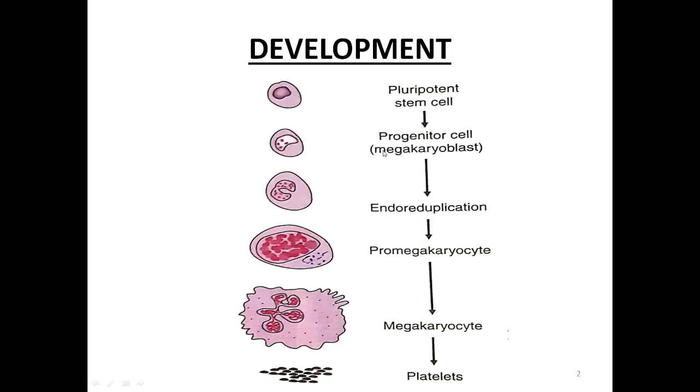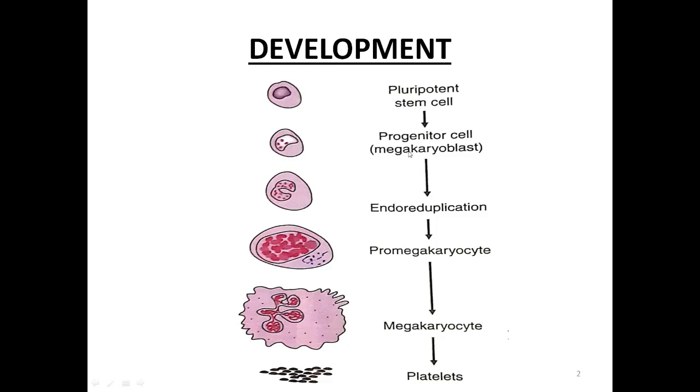These multipotent stem cells give rise to colony forming unit megakaryoblast. Now this megakaryoblast is the first precursor of platelet development, which is 20 to 30 micrometer in diameter, having a cytoplasm and the nucleus, and the cytoplasm is small.